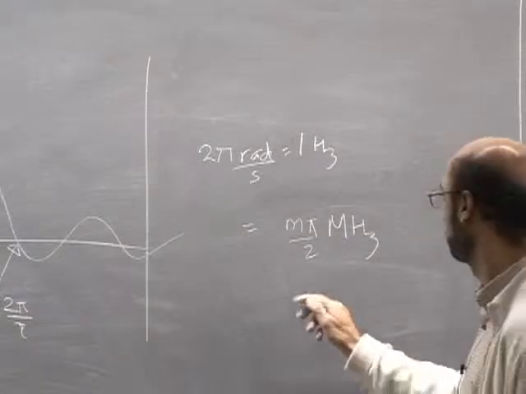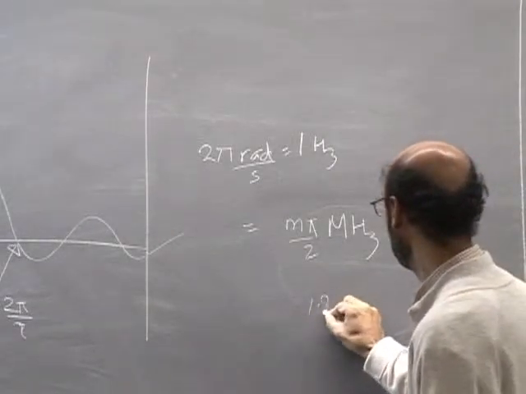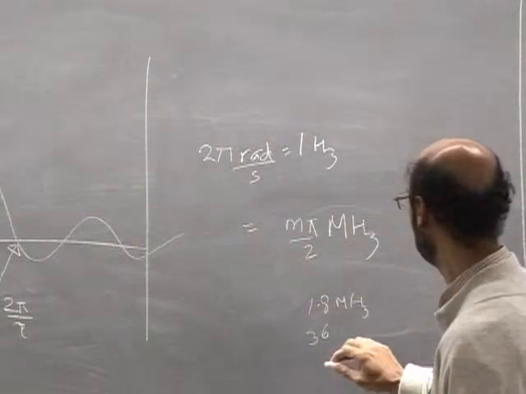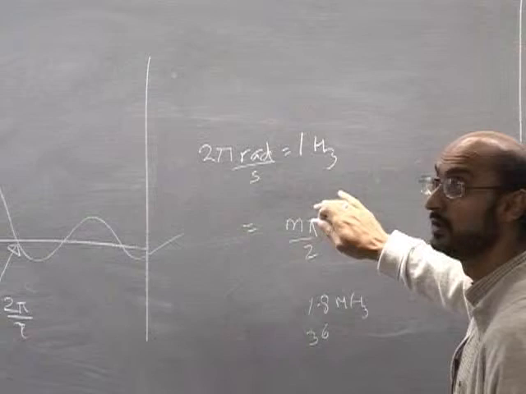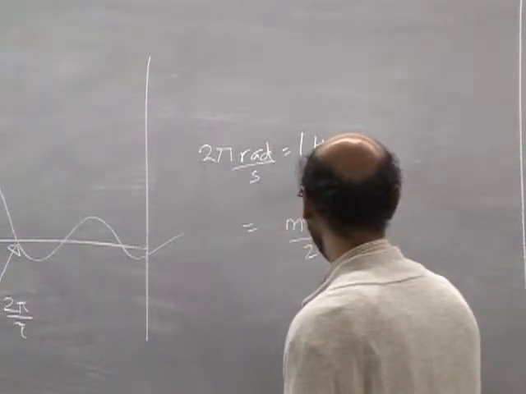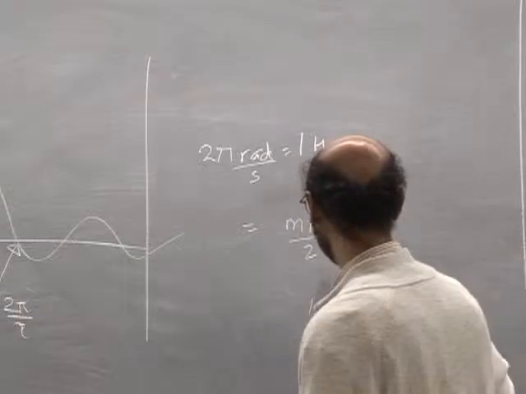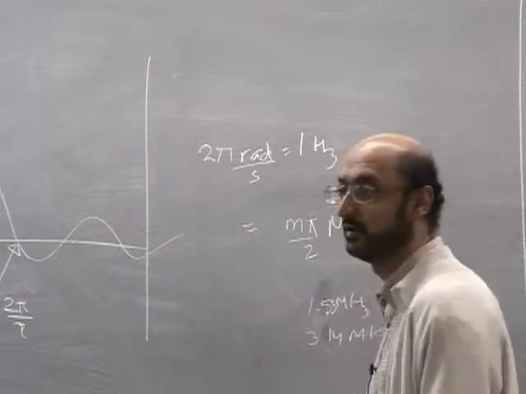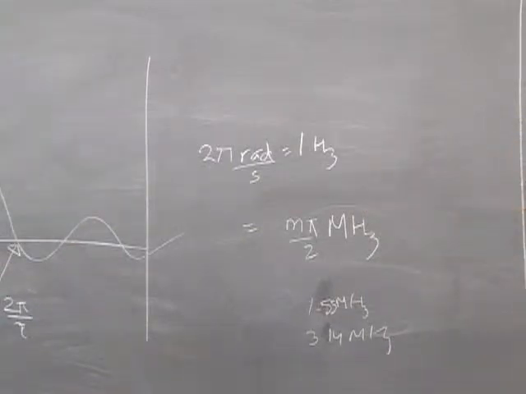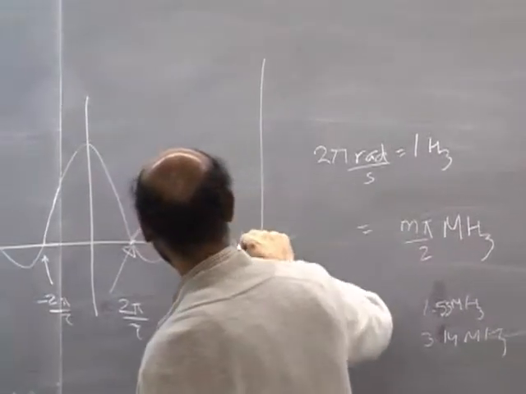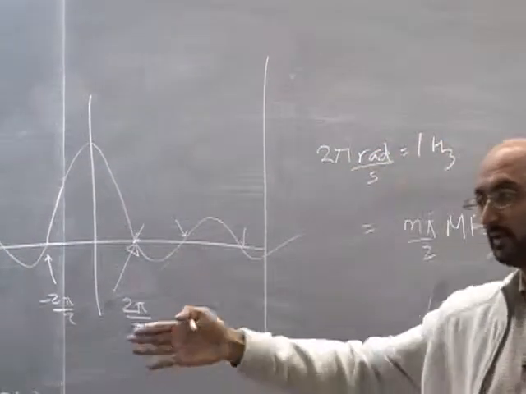The first one is at about, sorry, π by 2, so 1.55 megahertz, then 3.14 megahertz, etc. And that's where these crossings are going to be, at these points over here. So it's actually in the megahertz range.